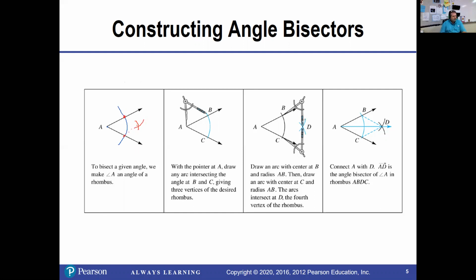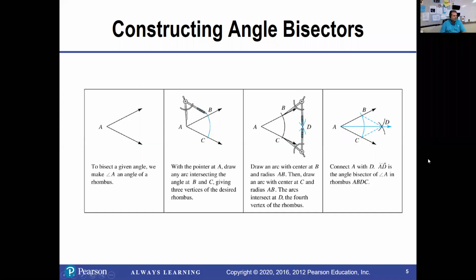Okay, and now you have these two arcs, same distances, and this intersection that we have is going to line up with the vertex, and you draw your line. This is your angle bisector because now these two angles are congruent. Simple as that. You're just trying to find that location out there.